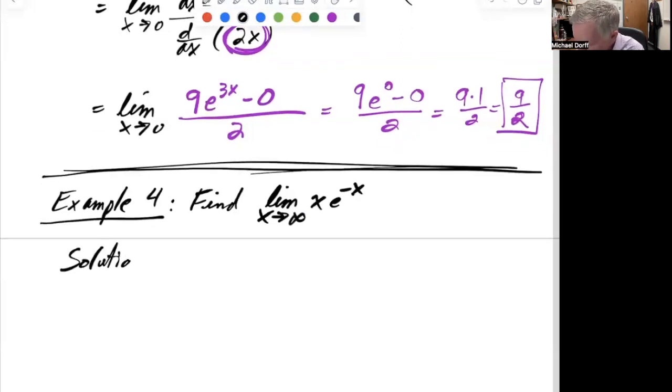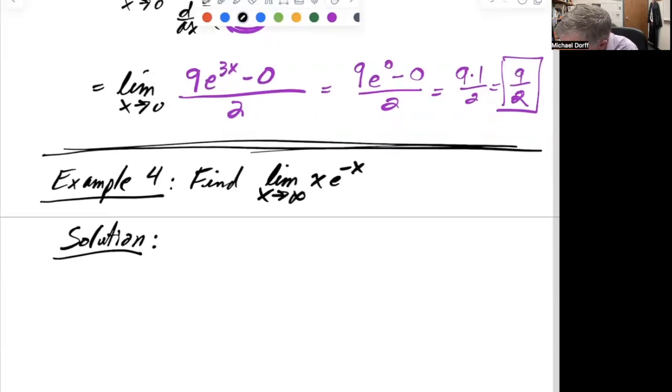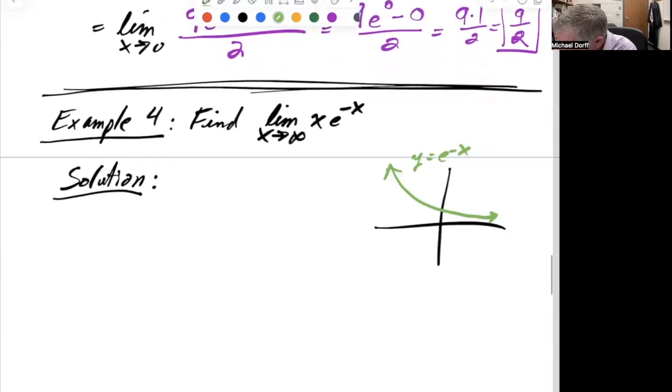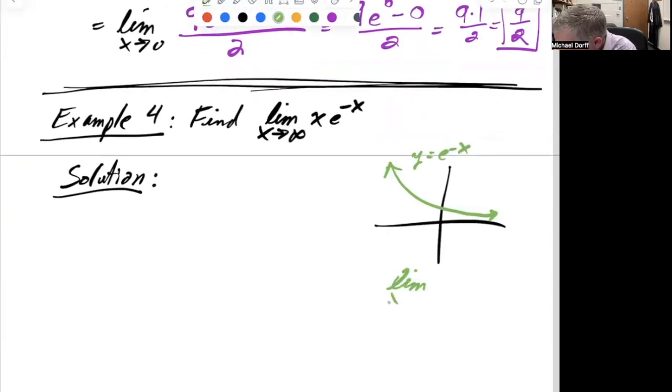Now we looked at this one at the very beginning, and remember that when we looked at the example of the graph of y equals e to the negative x, the limit as x goes to infinity of e to the negative x equals 0, because as I go farther and farther right, it's getting closer and closer to 0.